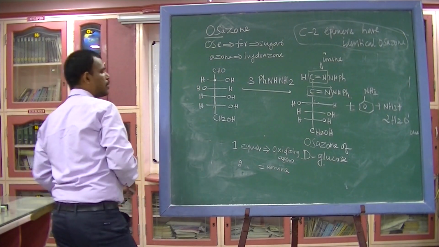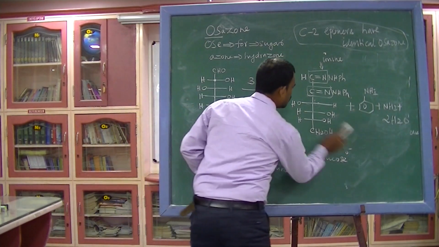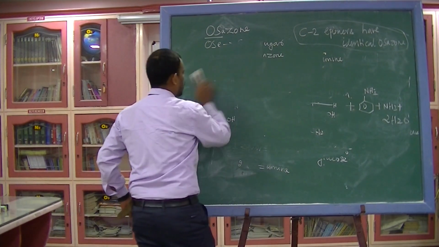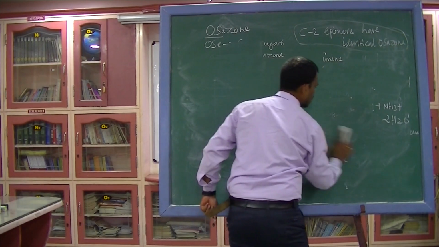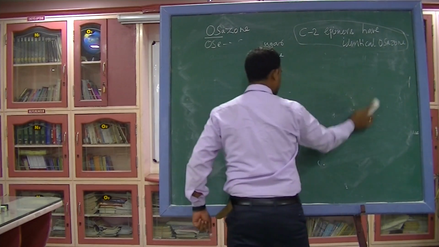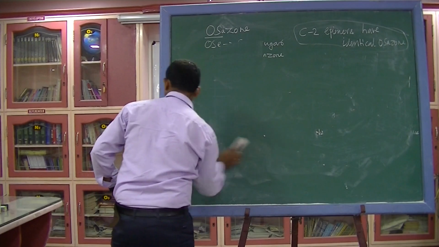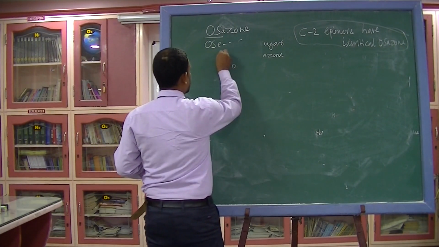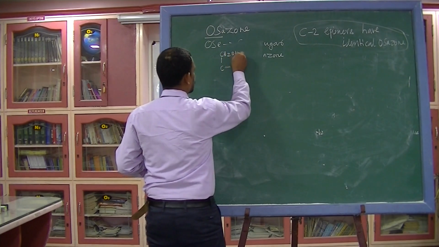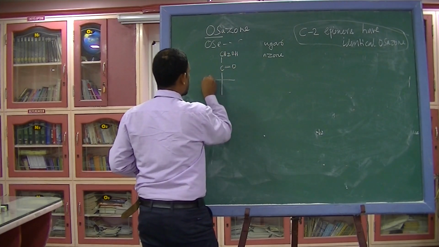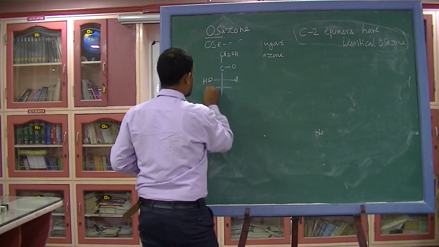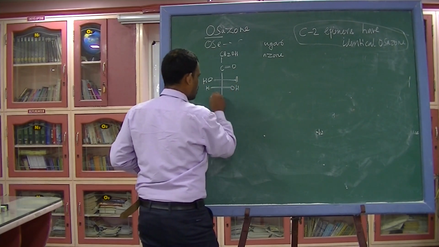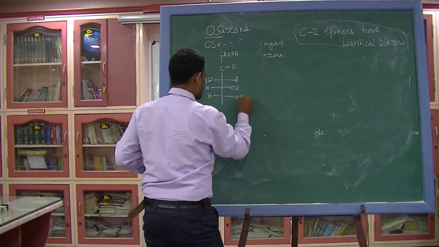Similarly, the fructose reacts with the phenylhydrazine that leads to imine formation. For example, fructose, this is OH, H, H, OH, H, this is CH2OH.